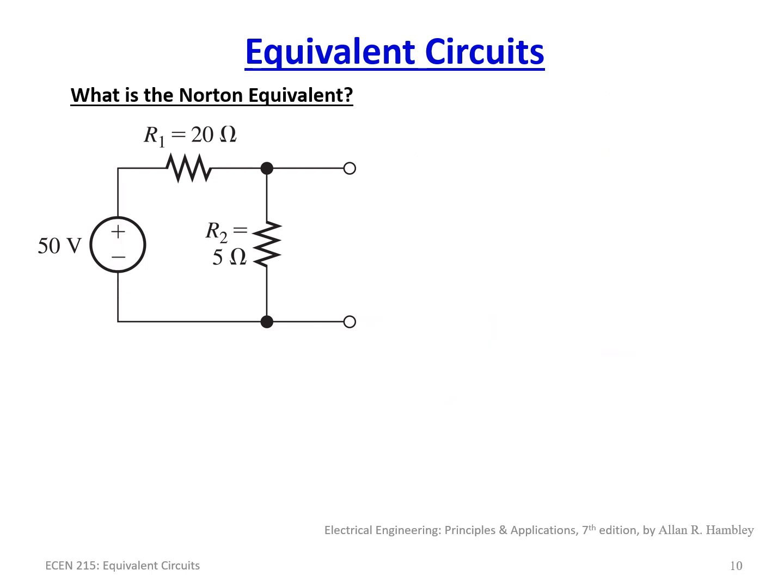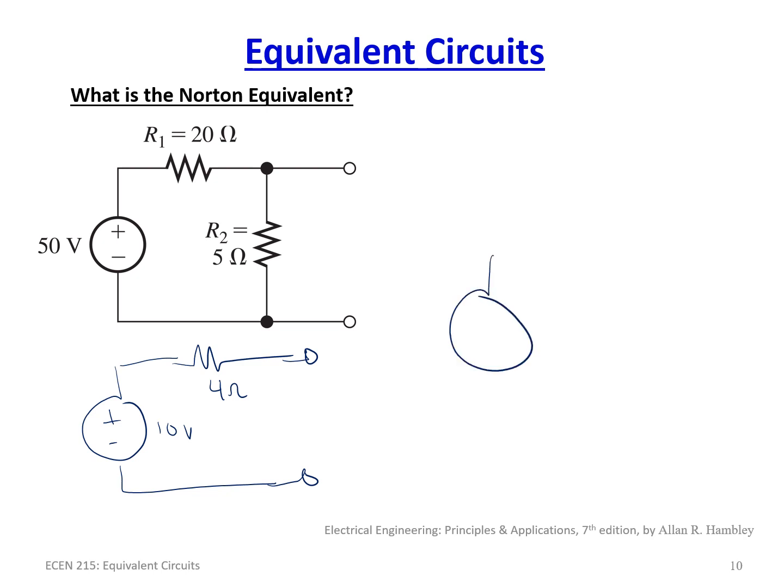Now is the Norton equivalent. So what we just determined was the Thevenin equivalent, just to draw that again, 10 volts and 4 ohms. So the Norton equivalent is now a current supply with a Thevenin resistance in parallel, so there's a change in the circuit configuration.